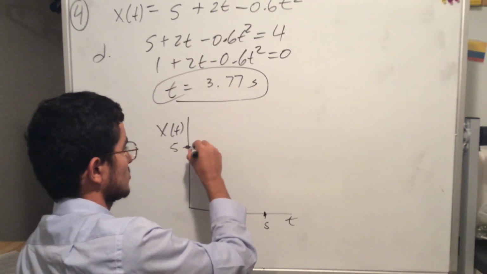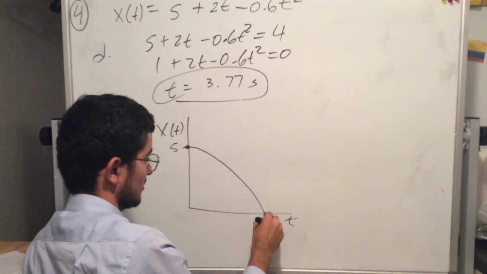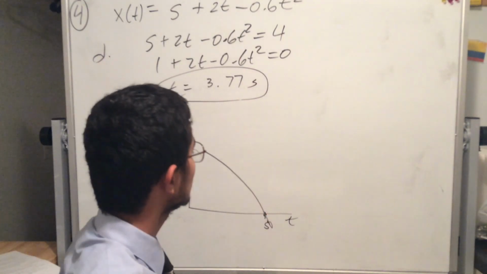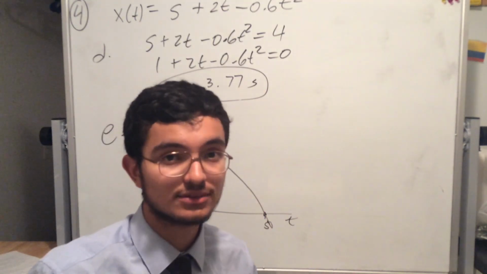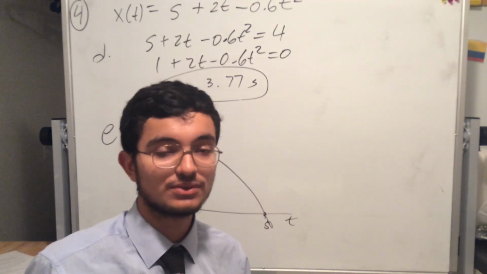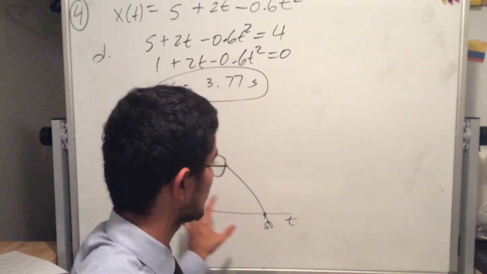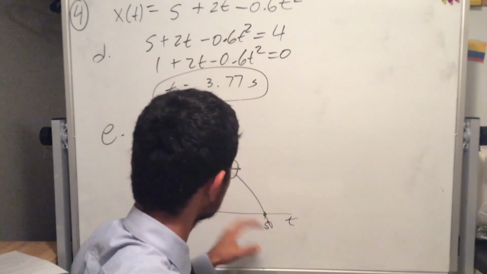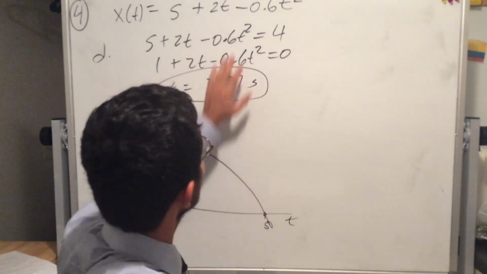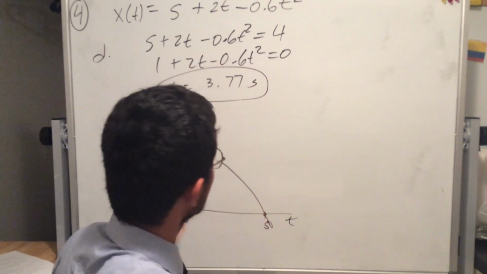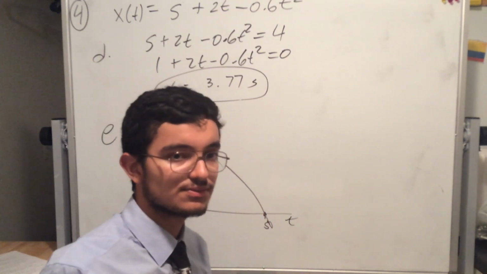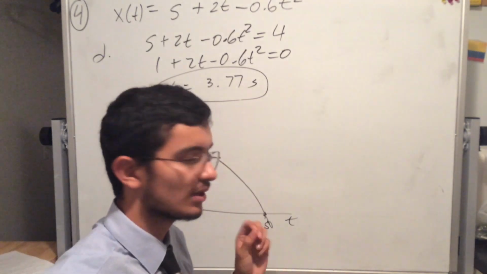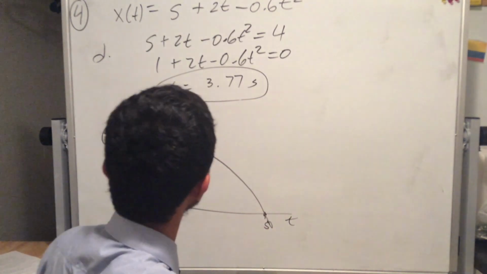And it's going to be a quadratic going like that. You just have to sketch it. You don't really have to put the numbers. You don't have to label it if you're not asked to. But if you're specified to label the graph, you must do so. In this case, we're just doing it because we found the values already. So it's always useful to label it, if you have time, you should do it.